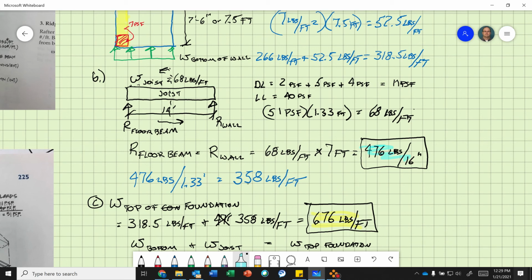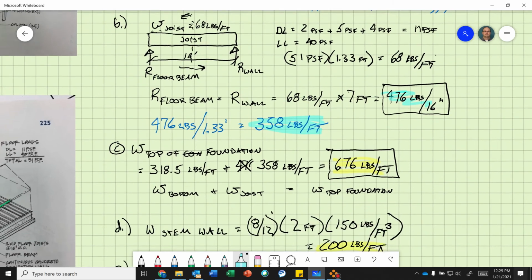We convert it into a line load. So this is the value we need right here. This is why it's important that you organize your work.